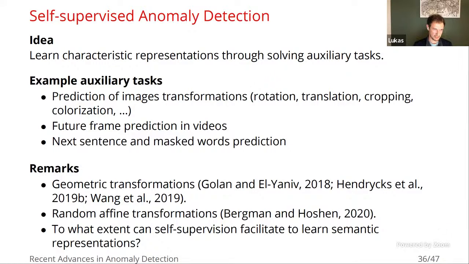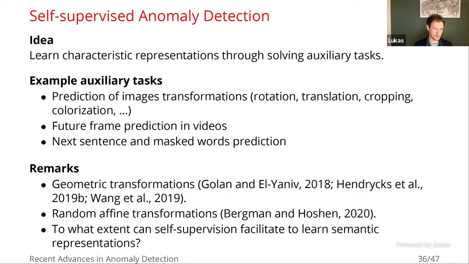So examples of such auxiliary tasks are, for instance, trying to predict what kind of transformations have been applied to images, so rotations, translations, and so on, or future frame prediction in videos, or what language models are doing, which is to either predict masked words in some sentence or predict next sentences.